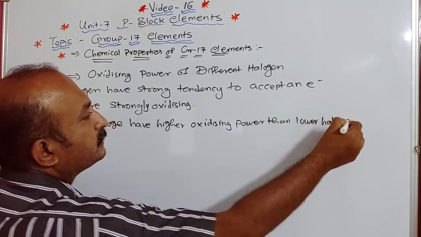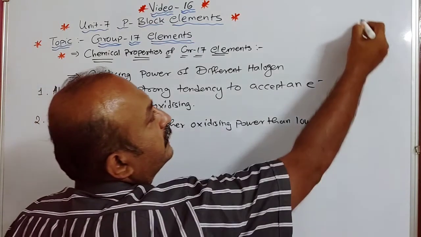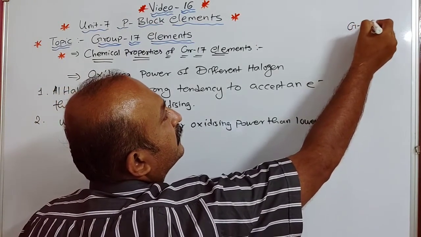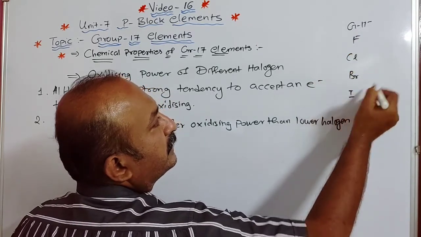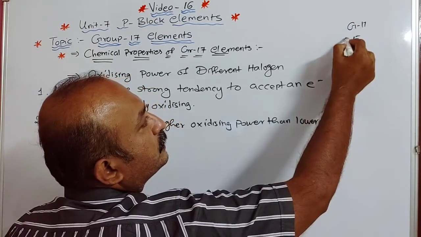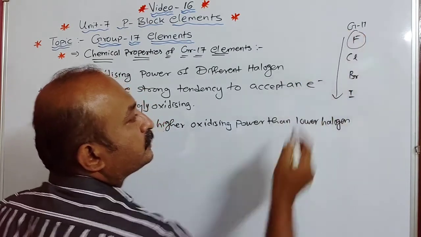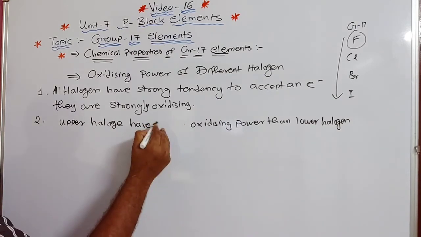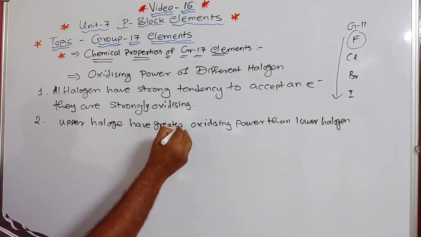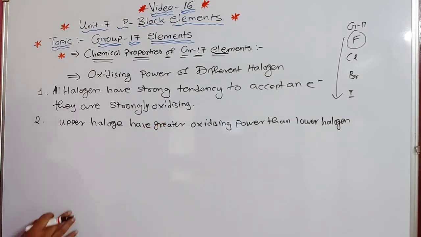When we talk about halogens, we mean Group 17 elements: fluorine, chlorine, bromine and iodine. Astatine and the rest we will not discuss now. So upper means this one. Upper halogens have higher, or you can also use the word greater, oxidizing power.